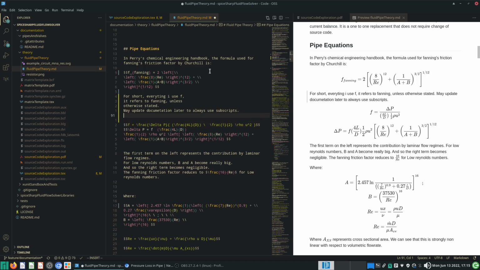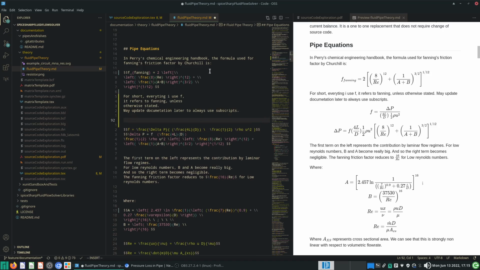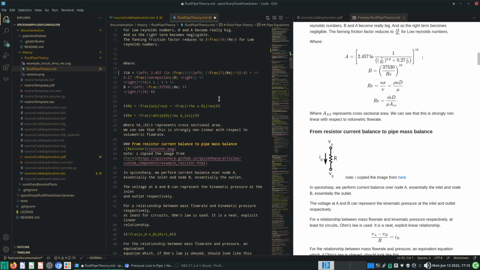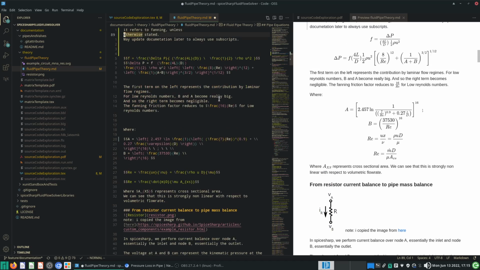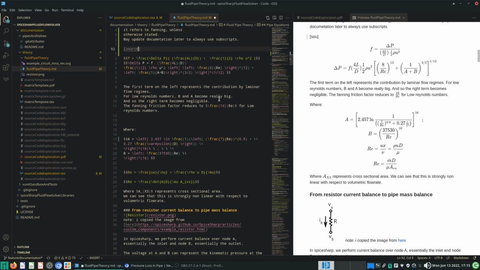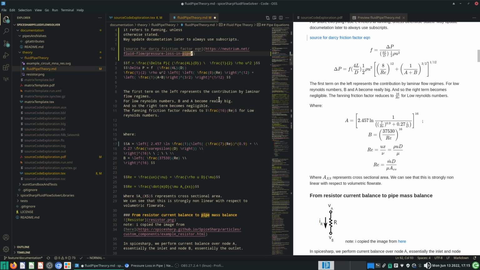I need to put this source for the Darcy friction factor equation. Now I'll just put this here, paste the link.